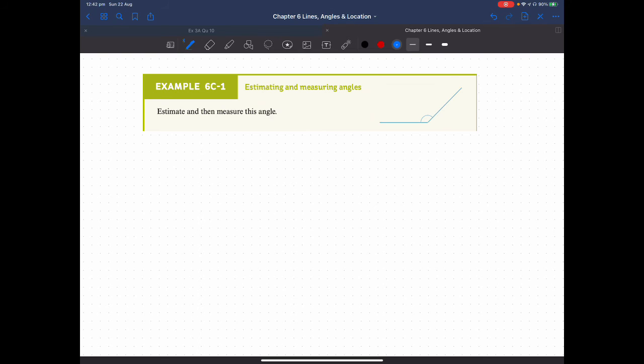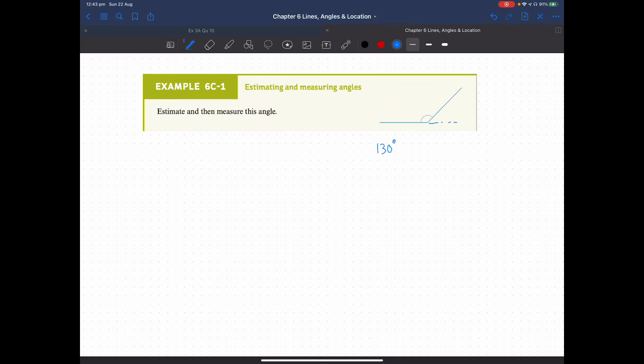So if I'm looking at this, I'm just going to draw a dotted line in. You can see that the angle is bigger than 90 degrees, but it's not 180 degrees, which would be onto my dotted line. So I look at it and I think it's around about 130 degrees.